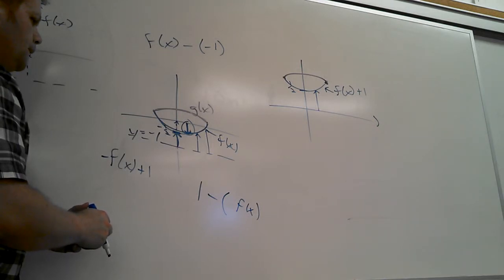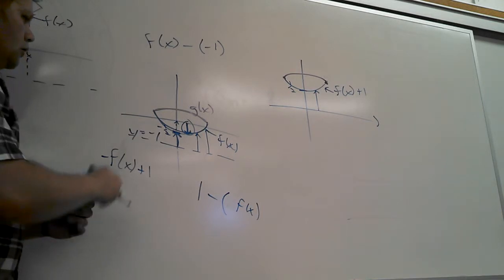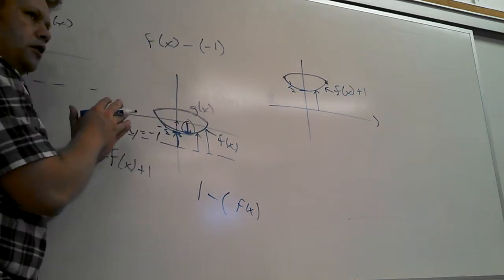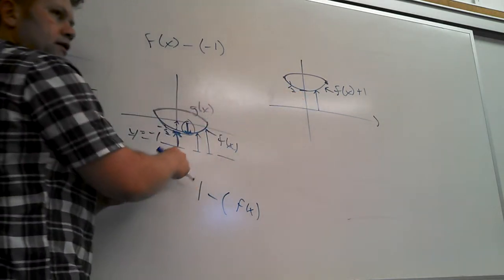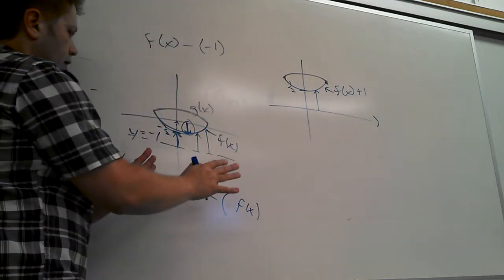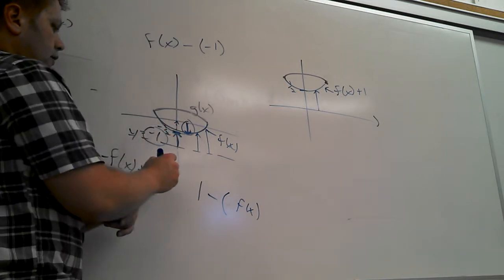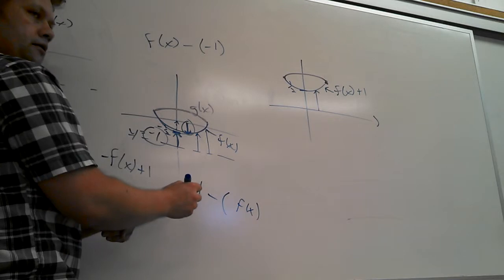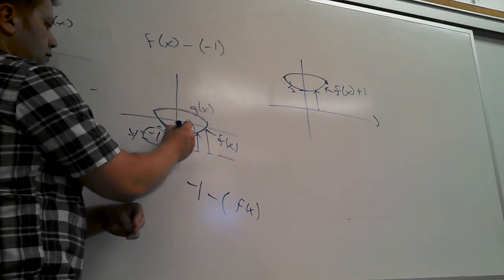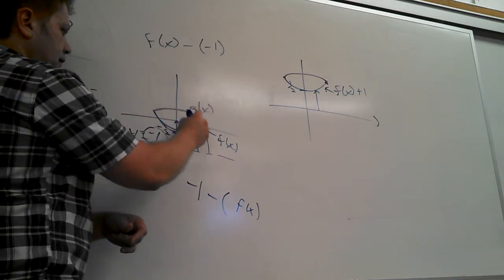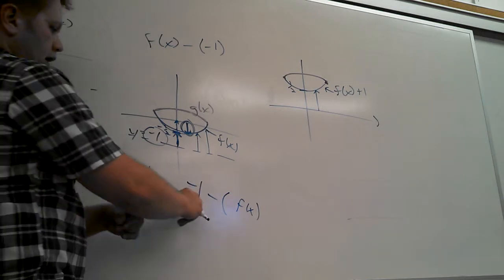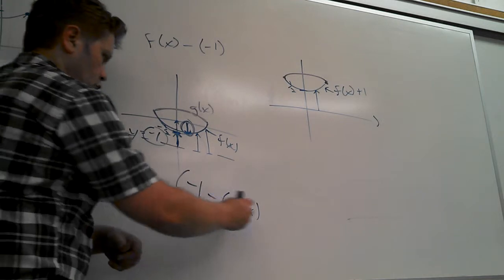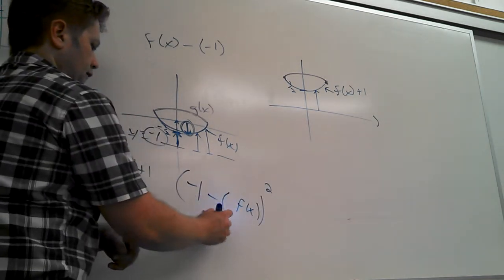And we're just adding to it minus 1. Oh, I'm being real stupid. So if you want to look at it all, this is the exact same situation as this. And the one thing I'm leaving out here is this is negative 1. So it's a full negative 1, right? Except it wants to be a full negative 1, but it's got to take this much off. So it's negative 1 minus f of x, which is really the same thing, because it's going to be squared. It's really the same thing as f of x plus 1.